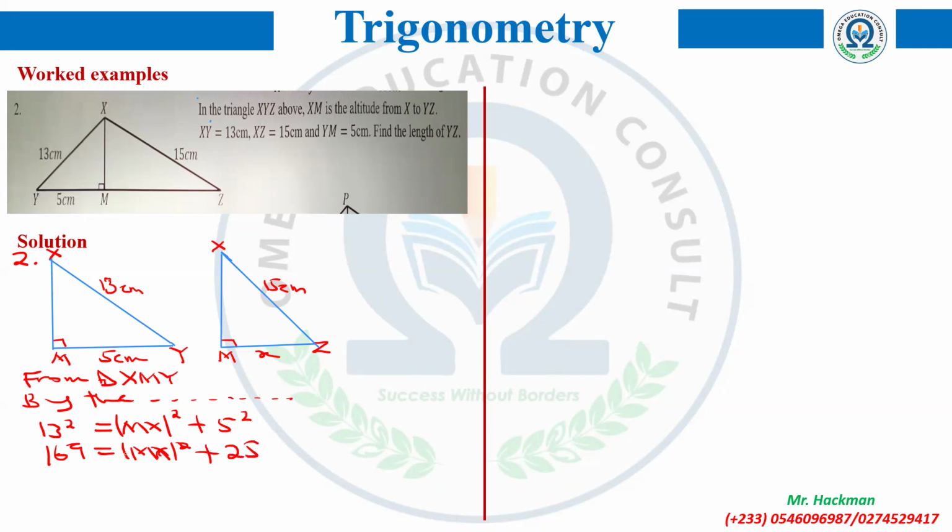So MX squared will be equal to 169 minus 25, which will give us 144. So MX will be, when I take the square root of both sides, equal to root of 144.